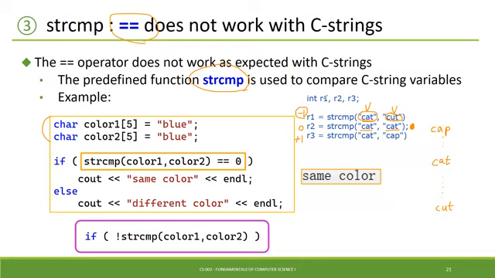And in the opposite case, where the first string comes after the second string, you will see +1. Is it clear? I just explained the return value of the string compare.